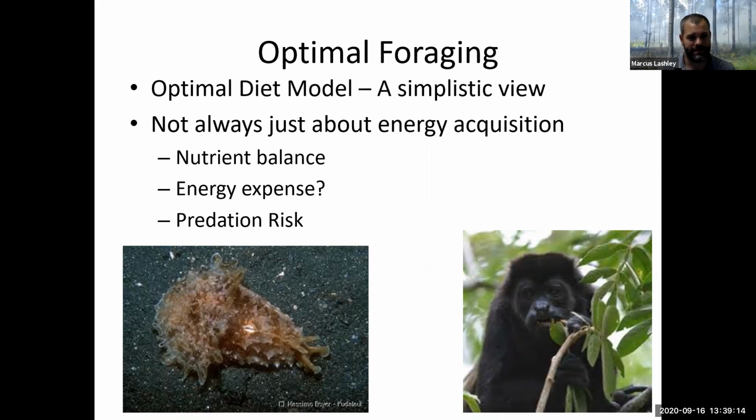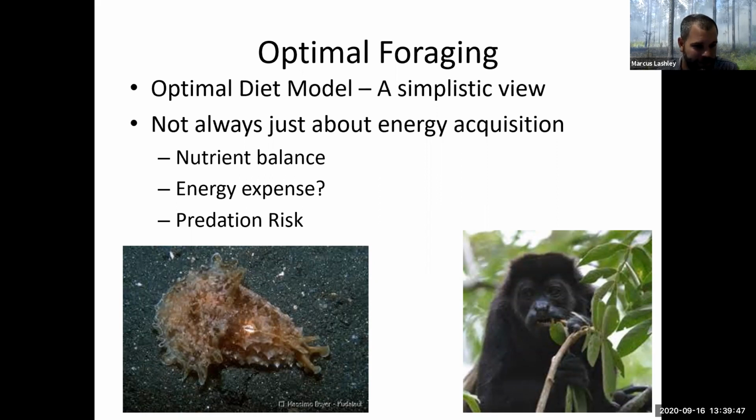What we see is their diet selection is constantly changing to include some plants and not others based on their dietary needs at a given time. Another thing that was really interesting about that is it's just as important to reduce the abundance of superabundant nutrients so that you don't reach toxicity as it is to maximize the limiting nutrient. That's something that the optimal diet model didn't consider to begin with, but is definitely pretty important.